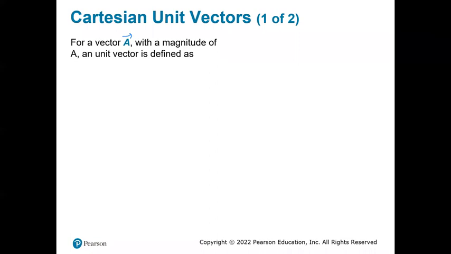Then I'm going to have the magnitude A, that's not bold, that's a normal letter. So what will be my unit vector? My unit vector can be represented as my vector A divided by its magnitude.